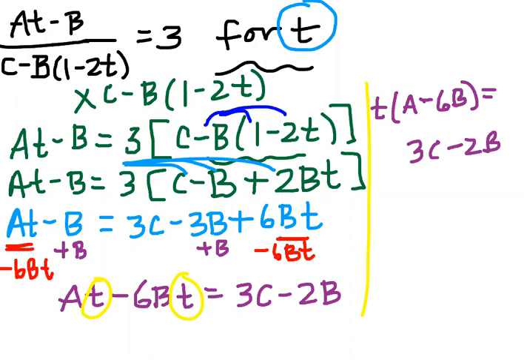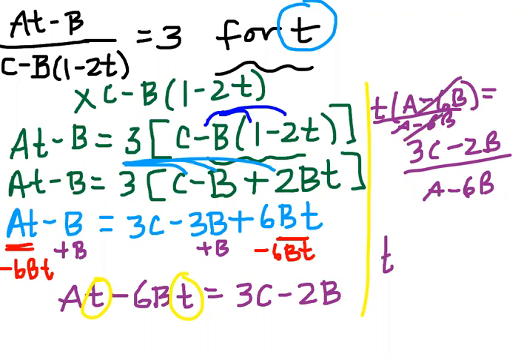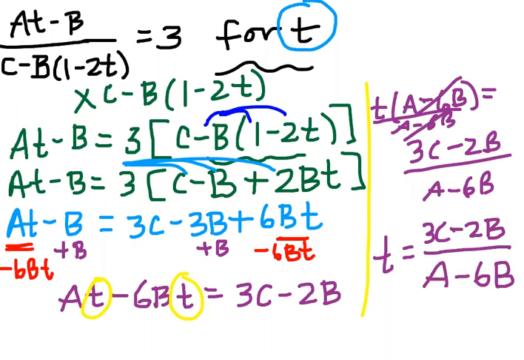And then if we divide both sides by the a minus 6b, we come up with the fact that t equals 3c minus 2b all over a minus 6b. And at this point, we are done.